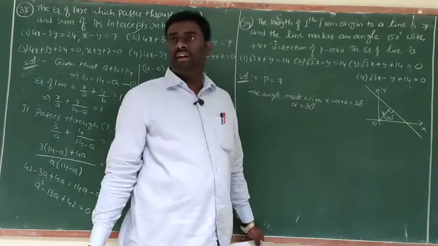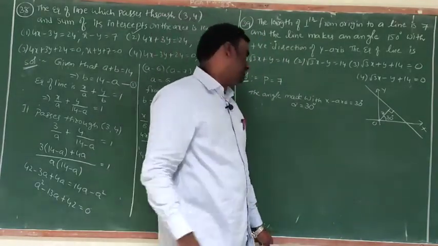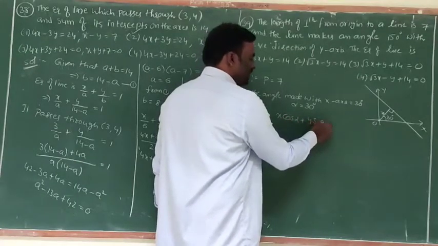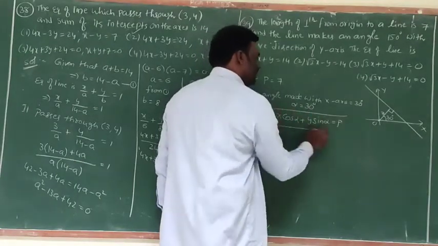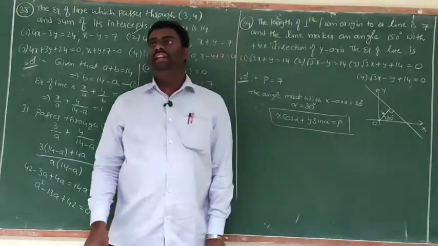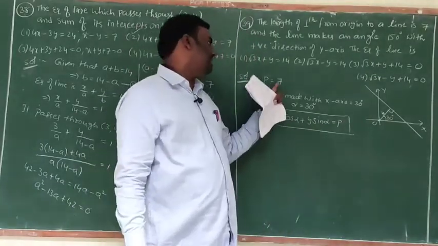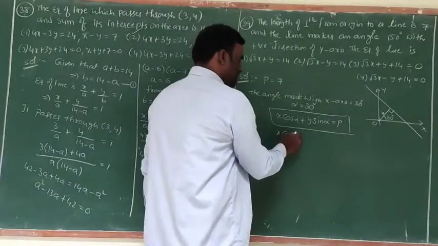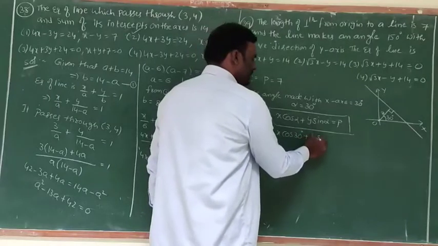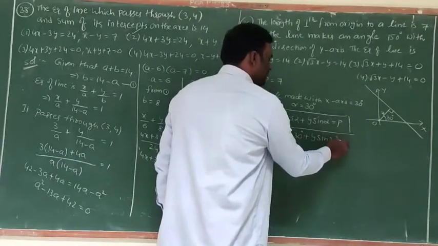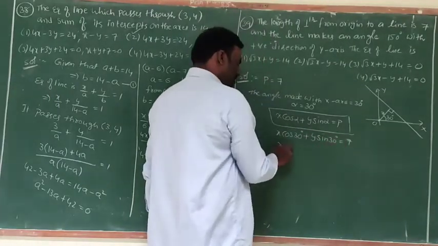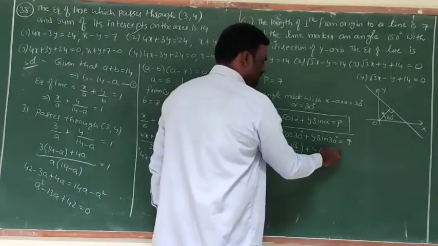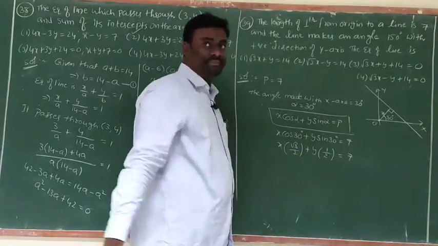Now I can apply the formula for equation of straight line in normal form. Then x cos alpha plus y sin alpha equals p. This is the formula for equation of straight line in normal form. So here p value is 7, alpha is 30, substitute x cos 30 plus y sin 30 is equal to 7. x into cos 30 root 3 by 2, y into sin 30 1 by 2, that is 7.